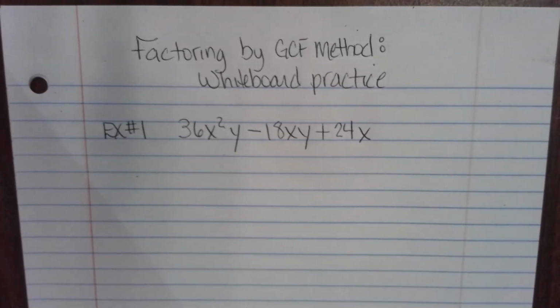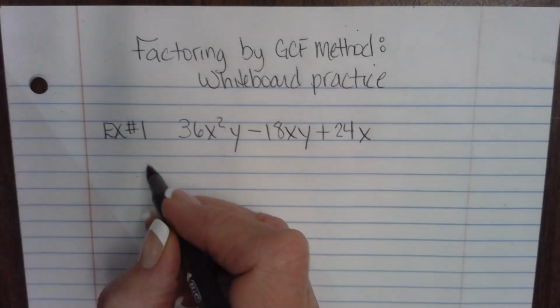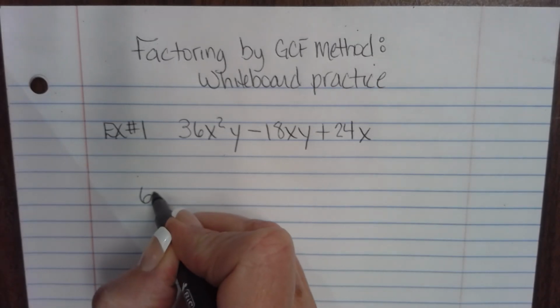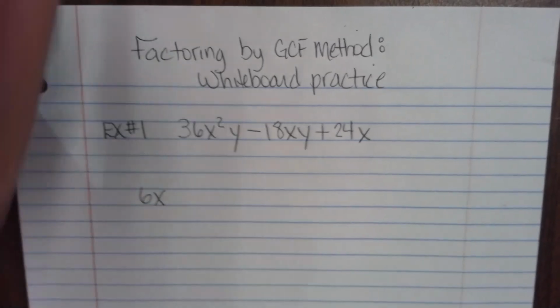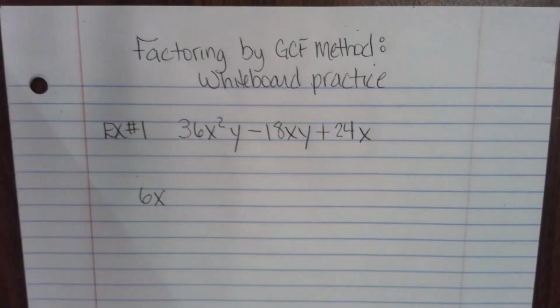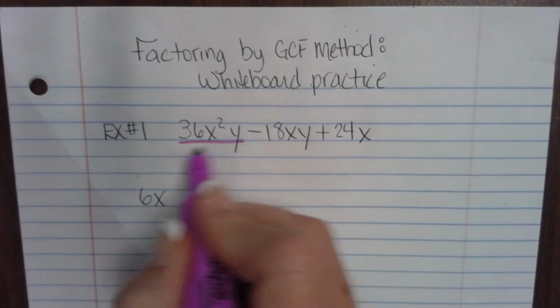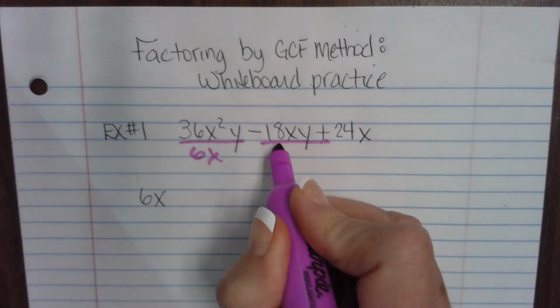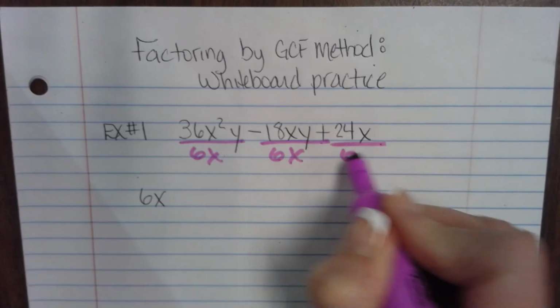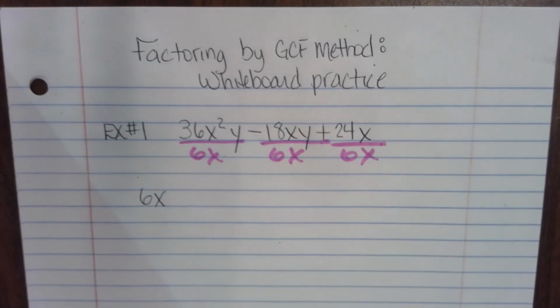Okay, we're going to factor this. So you guys said that the greatest common factor, I think, was 6x. Is that right? Okay. If you did boxes, it's great. I noticed some of y'all are doing it in your head.